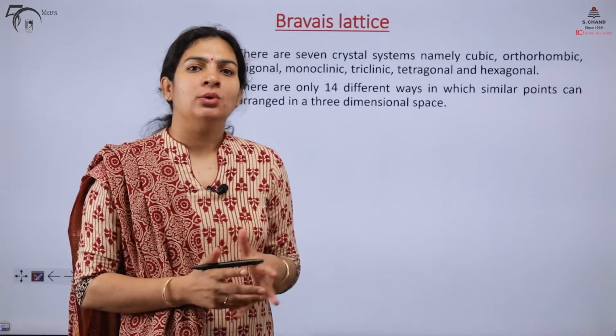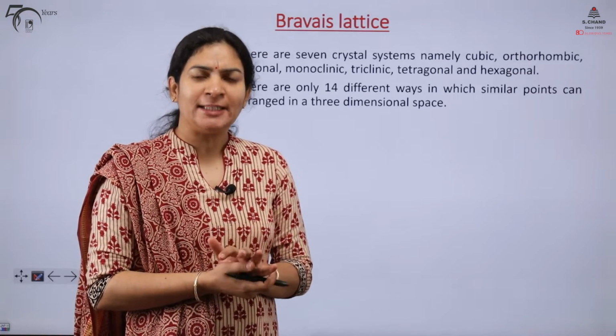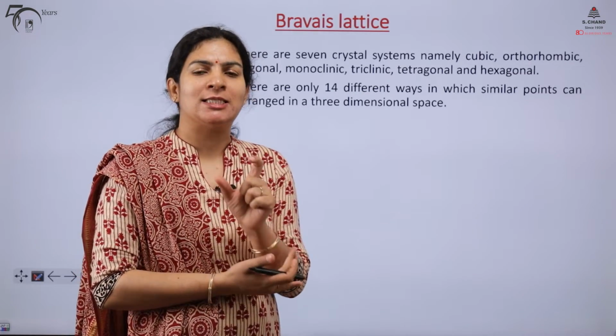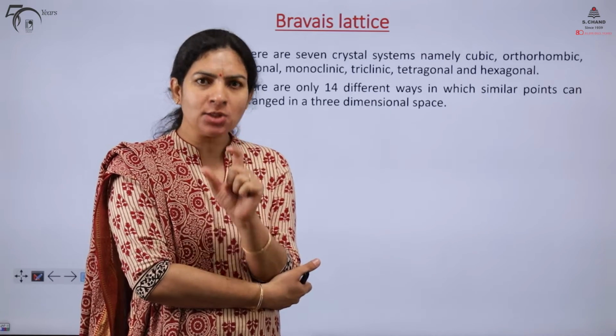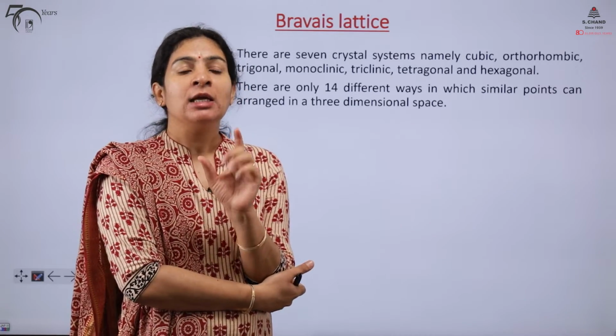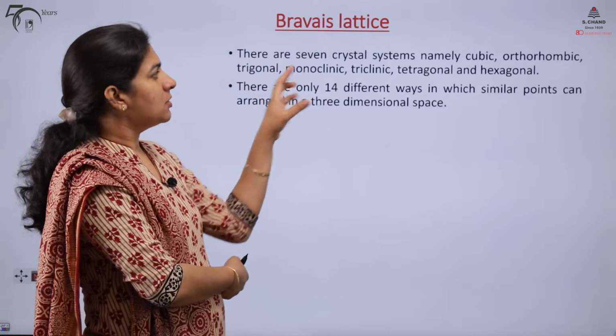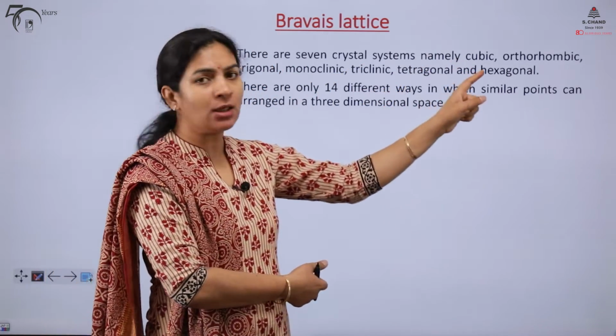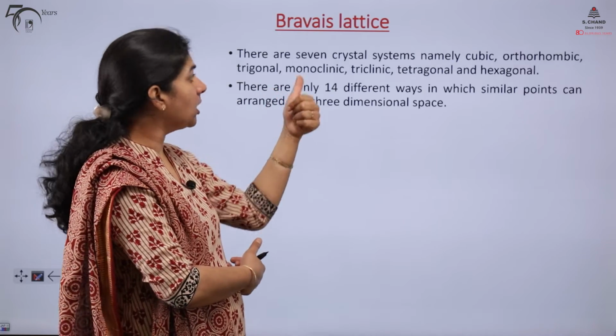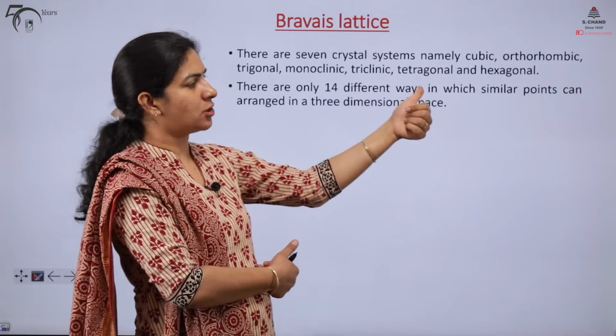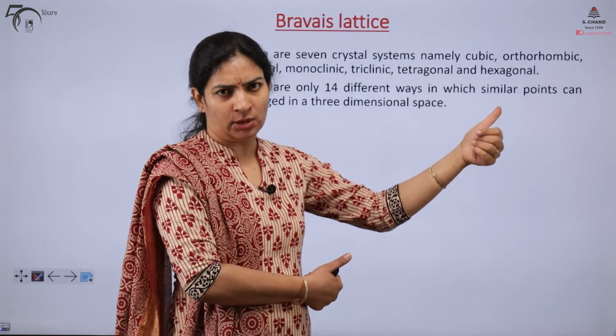Depending upon the type of arrangement that atoms and molecules in a solid can have, crystals are divided into 7 types, namely cubic, orthorhombic, trigonal, monoclinic, triclinic, tetragonal and hexagonal.